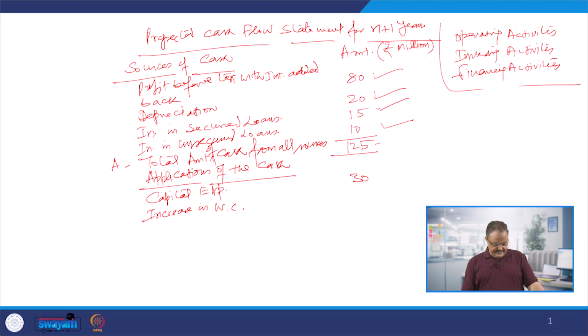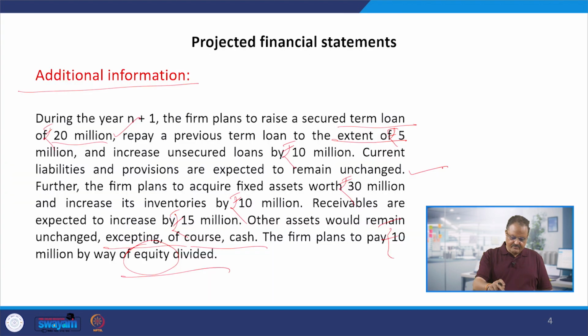So, total increase in the working capital we are writing here is 25 million. How is there an increase of 25 million in the working capital? Look at this. It is given to you that your inventory is going to increase by 10 million, and receivables are expected to increase by 15 million.